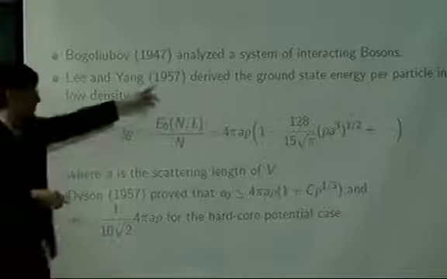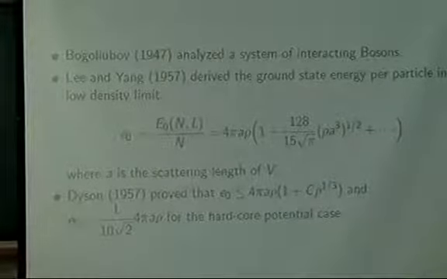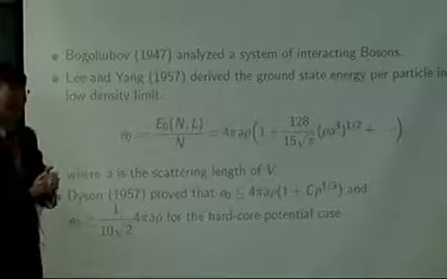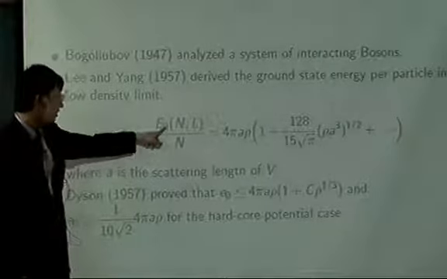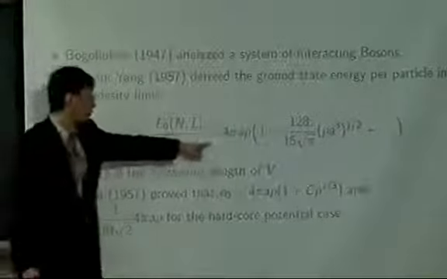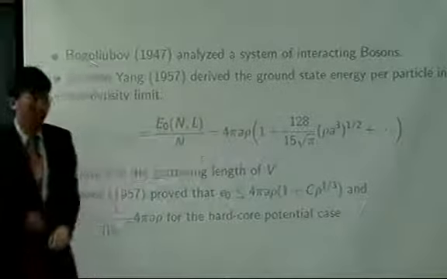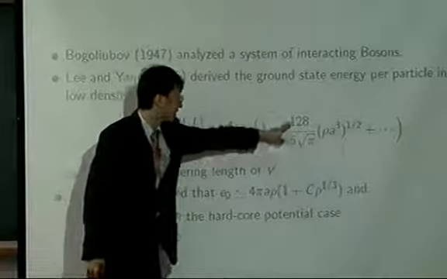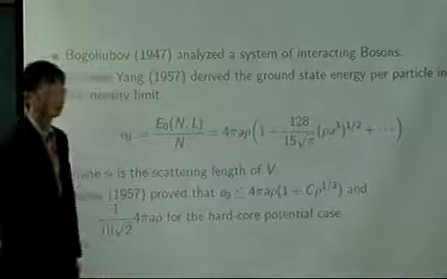So it's interacting bosons. And in 1957, Lee and Yang derived the ground state energy for particles in the low density limit, and they found a very long formula: E0 of n, the energy per particle, is 4 pi a rho times 1 plus these messy terms.